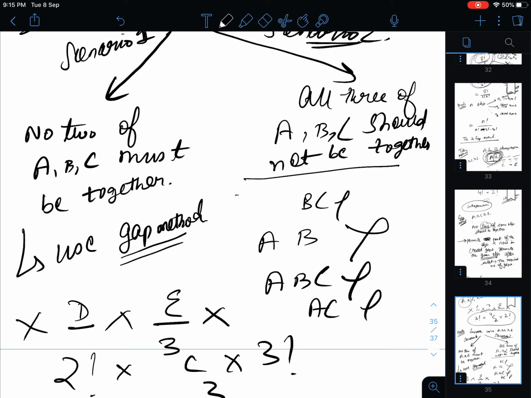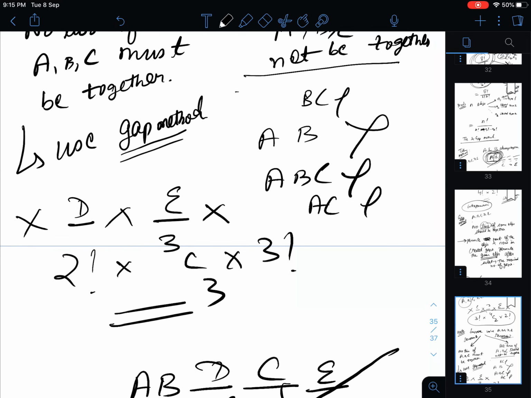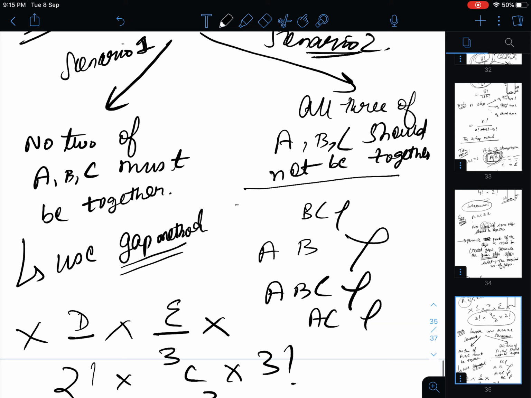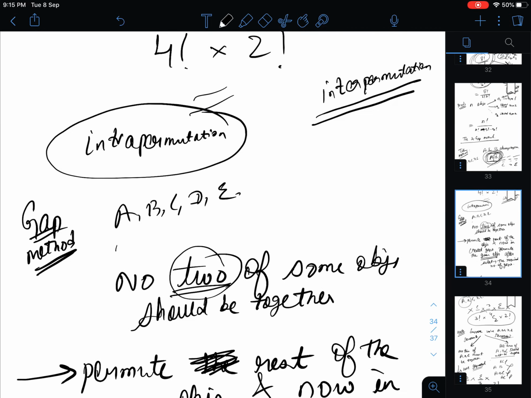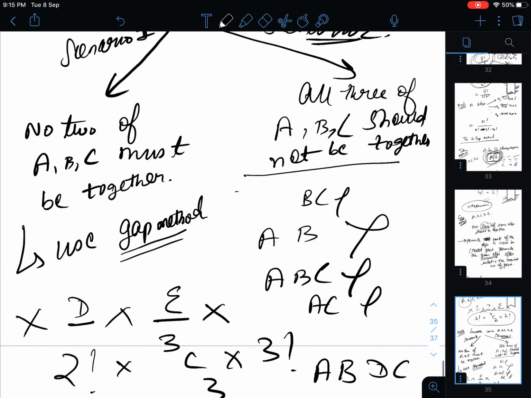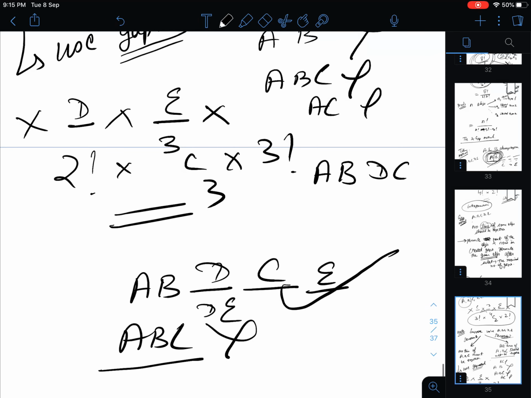Another important thing is, in scenario 1 you will never have this kind of situation.